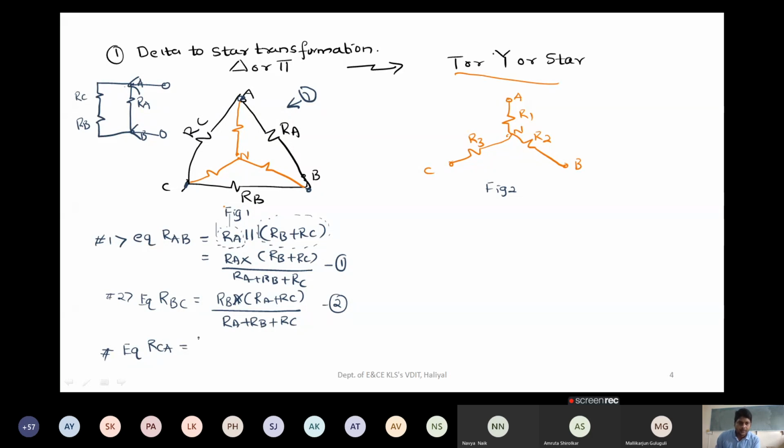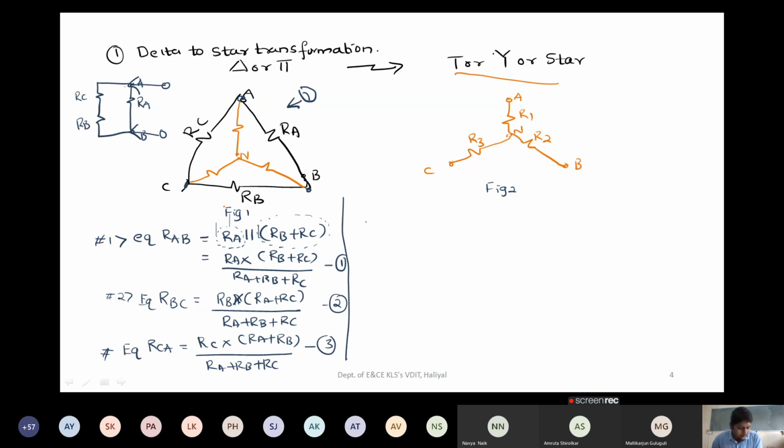So this will be RC multiplied by (RA plus RB), whole divided by RA plus RB plus RC. Let us call this equation 3. Let us keep these things here.